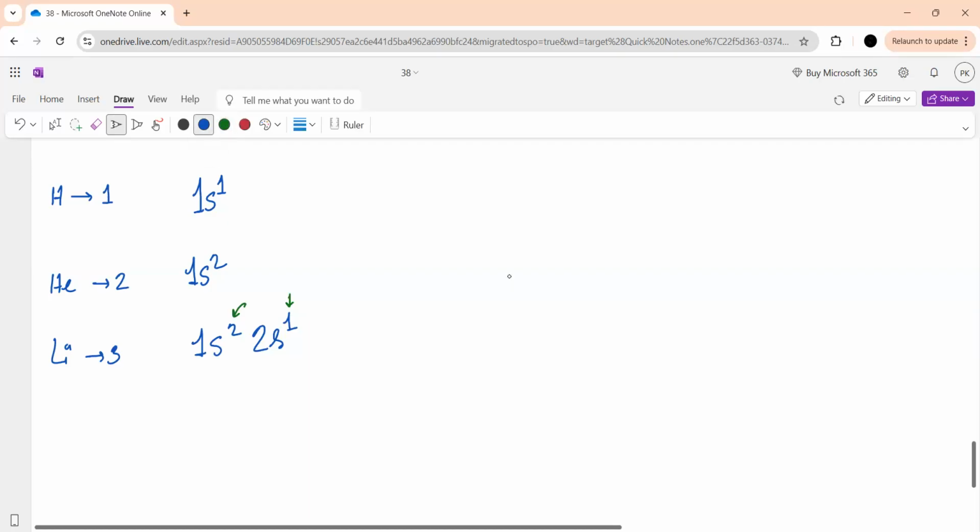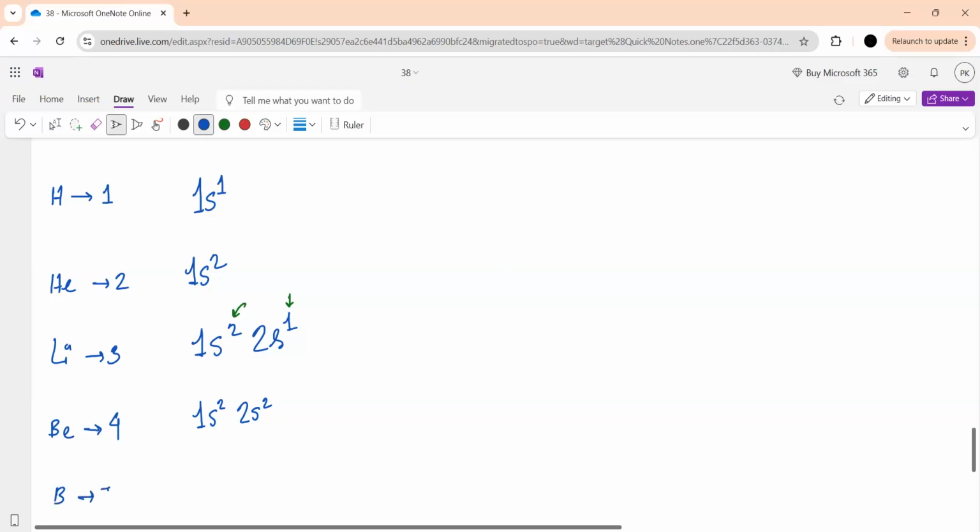After lithium, we have beryllium. The atomic number for beryllium is 4. So we will write 1s2, 2s2. Okay? After beryllium, we have boron.